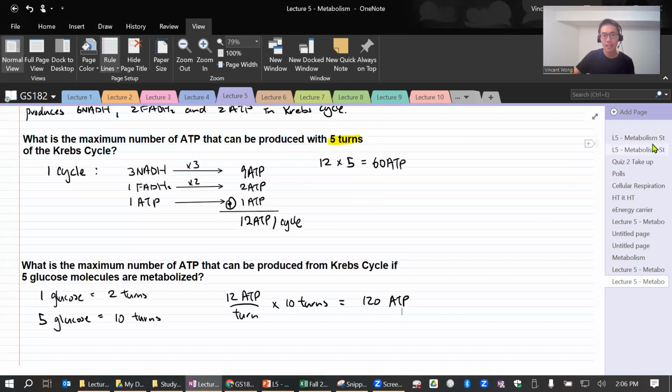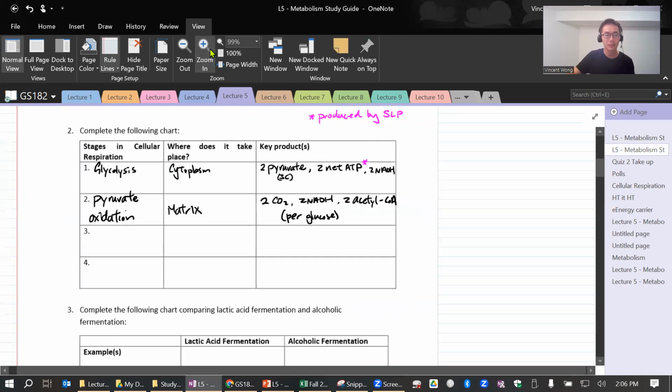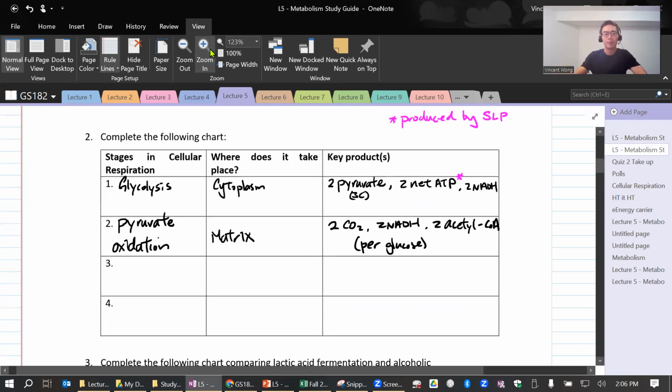So just to wrap things up, let's go back to our table here. We have the last step here, which is the Krebs cycle. And it also happens in the matrix, right?